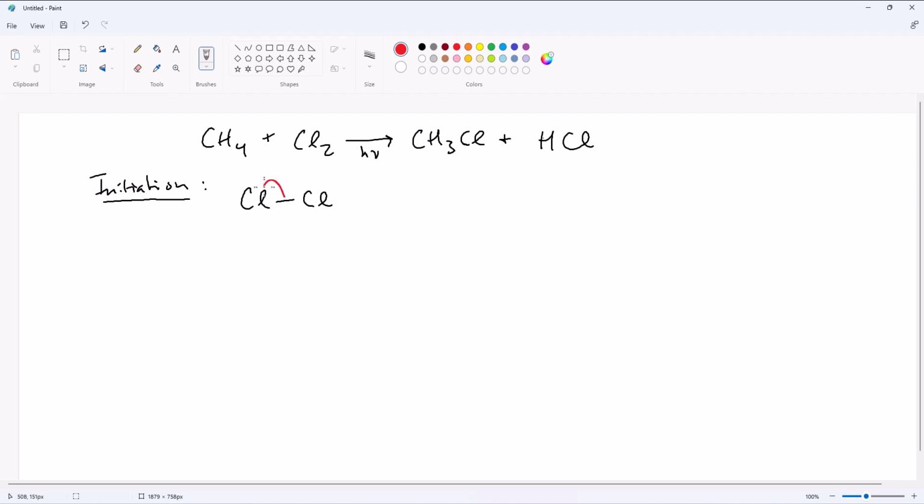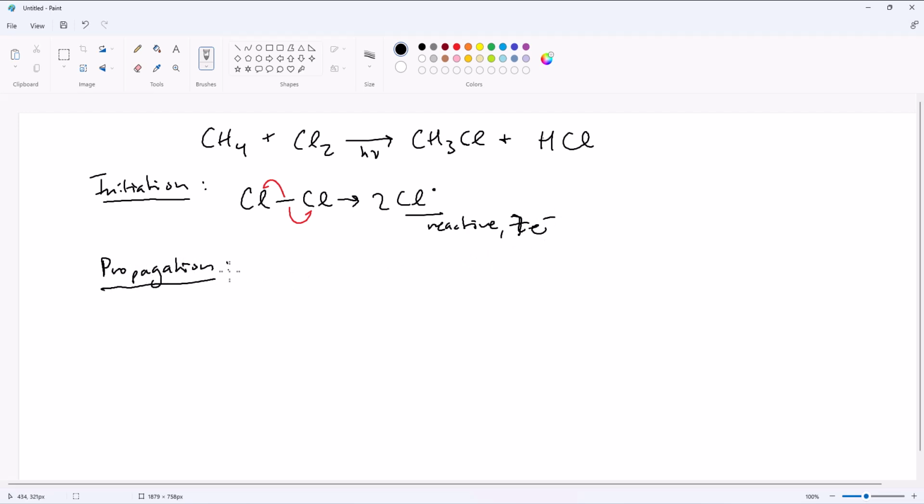So we have our Cl2 split homolytically to form two Cl radicals. Very unstable. This is a 7-electron species. These are very reactive because they are 7-electron species. So they can continue on to the next stage of the mechanism, which is propagation.